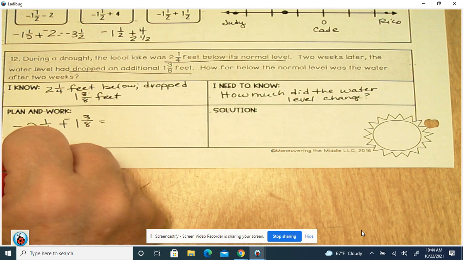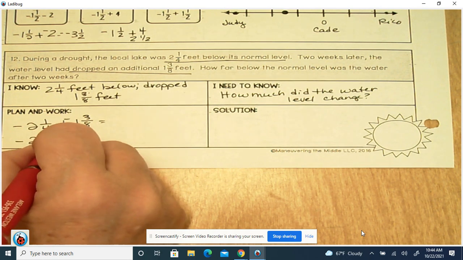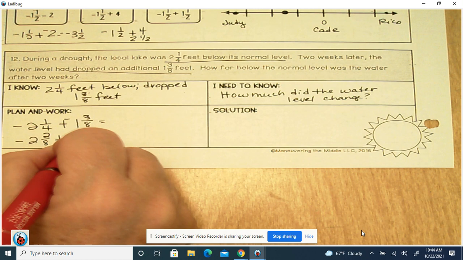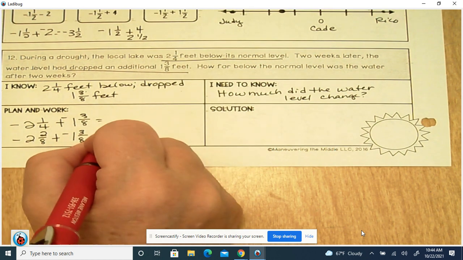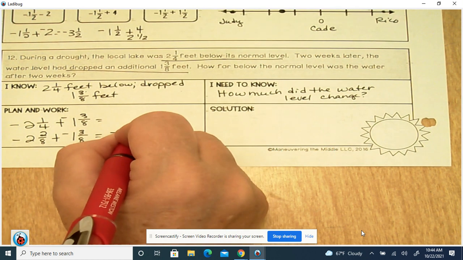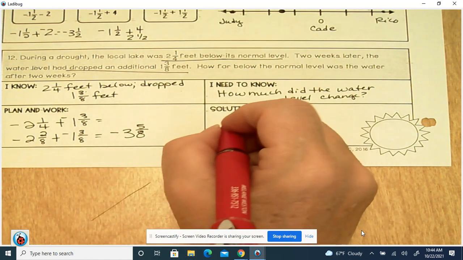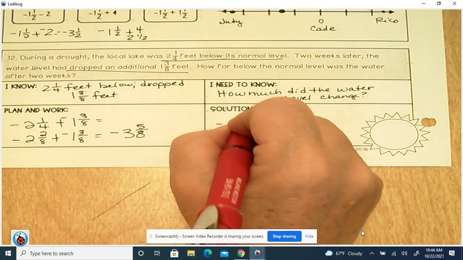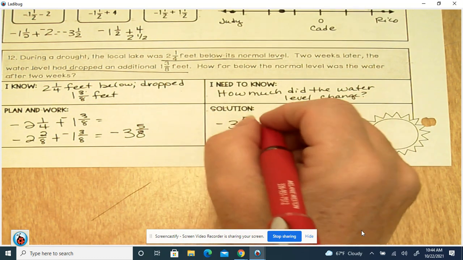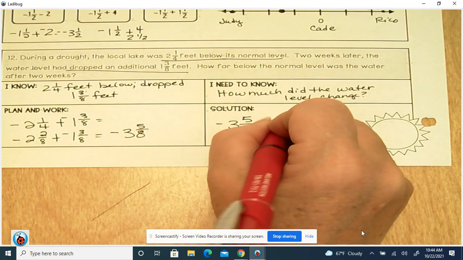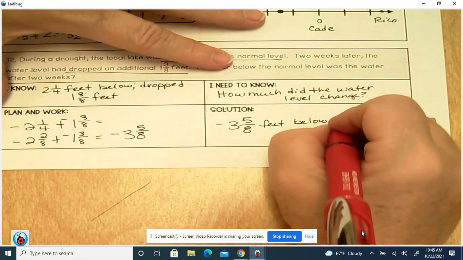So I've got negative 2 and 2/8. 4 goes into 8 2 times. 2 times 1 is 2, plus a negative 1 and 3/8 gives me, it dropped negative 3 and 5/8. So the solution is negative 3 and 5/8 feet below its normal level.